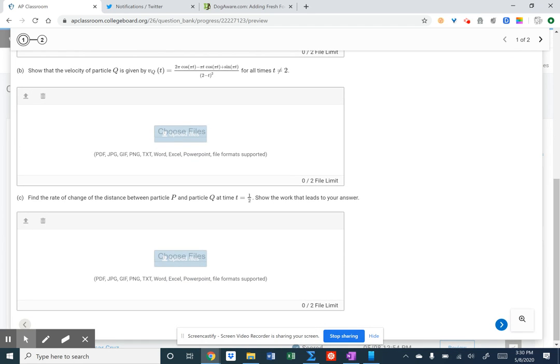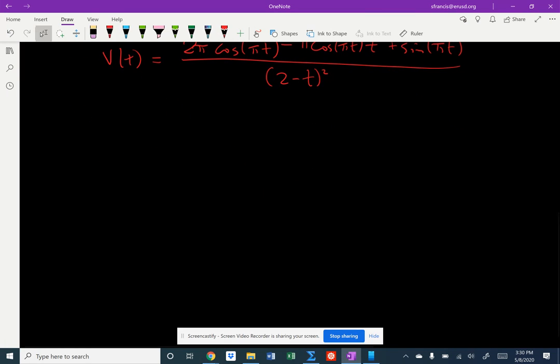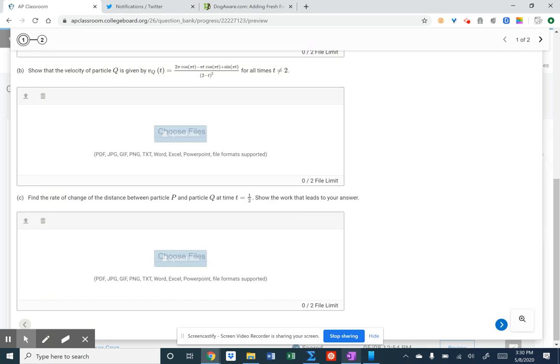All right, let's get on to part C. And for part C, a lot of you misread or misunderstood. It says to find the rate of change of the distance between particle P and particle Q at t equals 1/2 and show the work that leads to your answer.